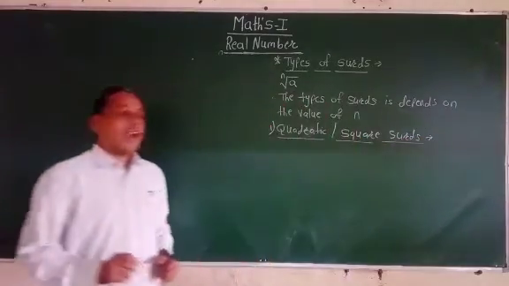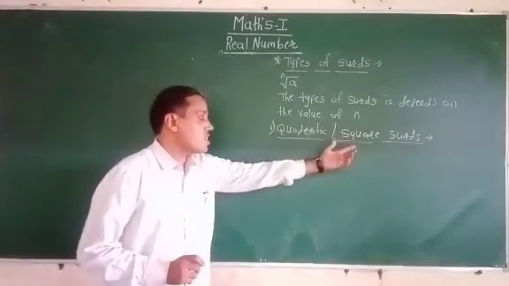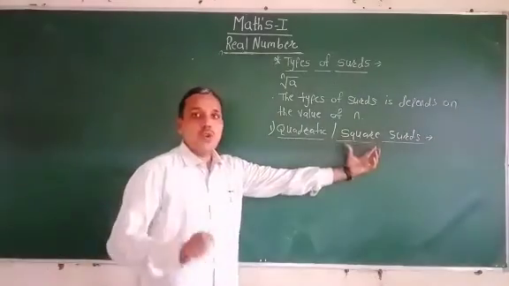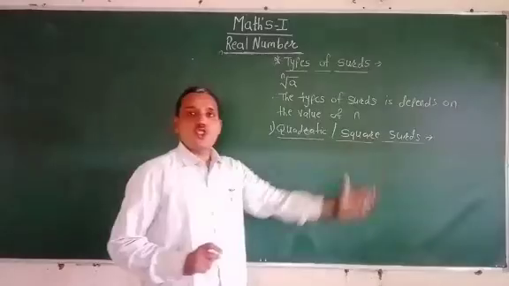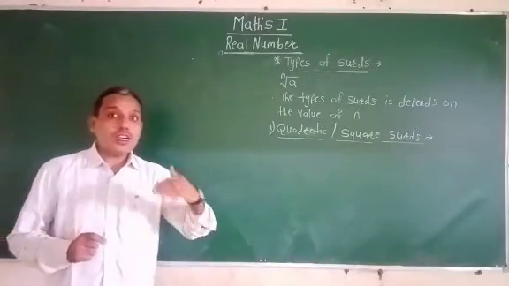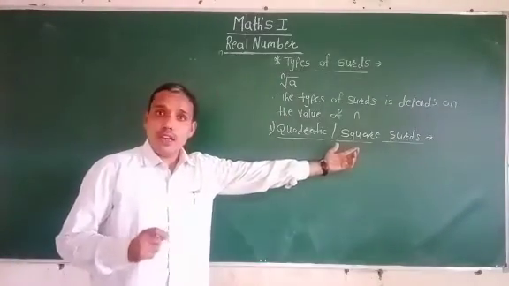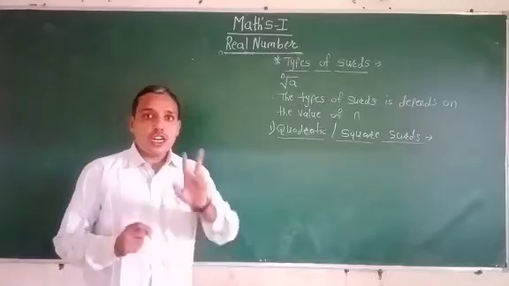So what is meant by quadratic or square surds? Just focus on the word square. What is the degree of a square? That means 2.